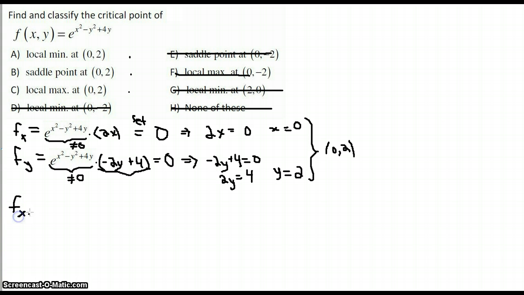Second derivative with respect to x is product rule. So we'll have exactly the same thing again. Let me just copy and paste. The derivative of the exponential part is exactly this again, and that gets multiplied by the 2x part.